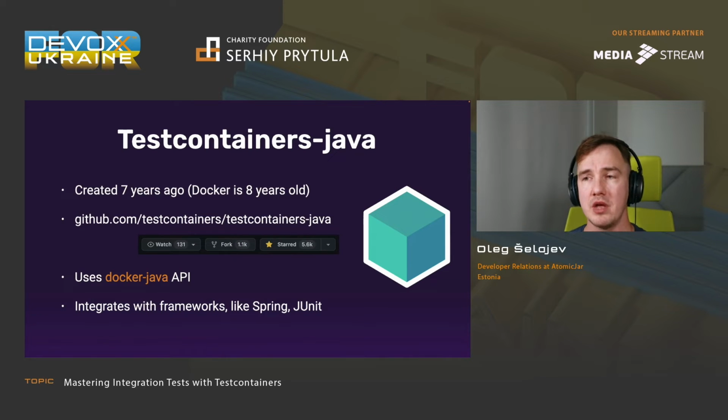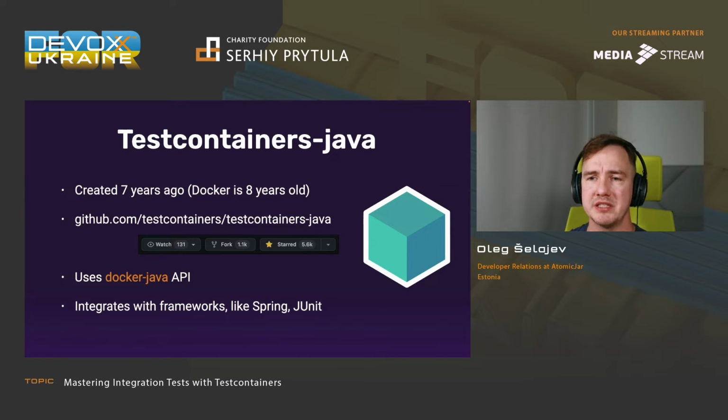So very soon after Docker was created and started getting popular, the community realized that more flexibility would be beneficial, and tighter integration with frameworks like Spring or JUnit would be beneficial. It's an open source project, of course. The sources are on GitHub, so if you have any issues or if you want to help us maintain that, please just go and be a part of the open source community there.